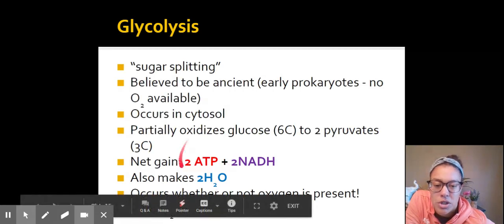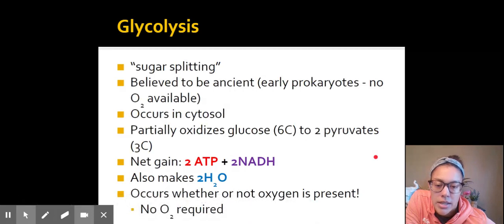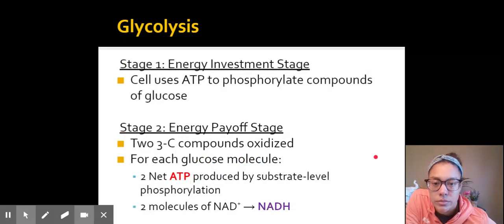And we'll have the production of some water as well. And like I said, the key part is it occurs whether or not oxygen is present. So any organism that goes through respiration is going to use glycolysis. And then after that, they might have another route, whether it's anaerobic or aerobic in that. So here we go.